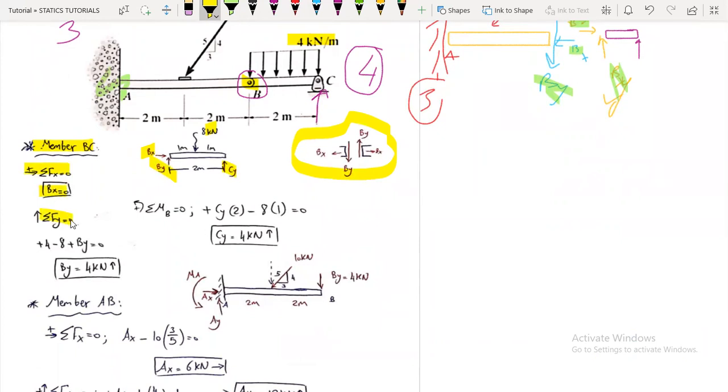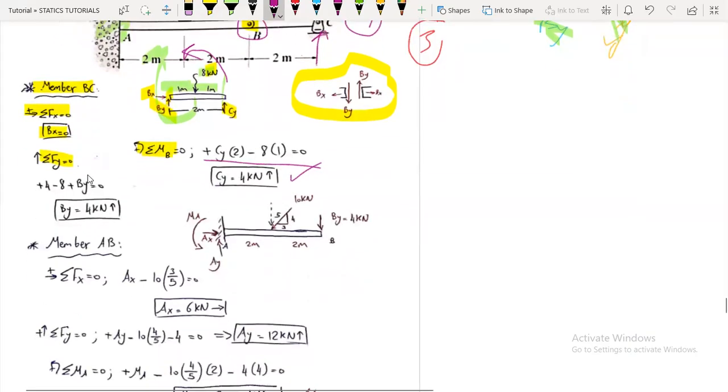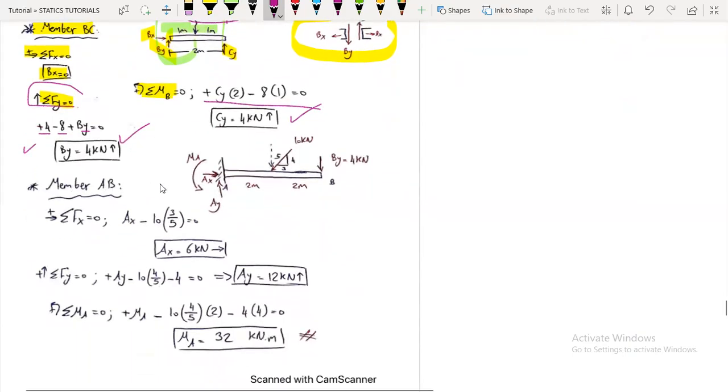First of all, let's take the moments about point B. So we have 8 kilonewtons multiplied by 1, and it is acting clockwise, so it's negative, plus Cy multiplied by the distance, which is 2, and it's acting counterclockwise, so it is positive. So Cy will be 4 kilonewtons acting upwards. Now, taking the summation of Fy, we will find By. So plus 4, which is Cy, minus 8, which is the resultant, plus By, one equation one unknown.